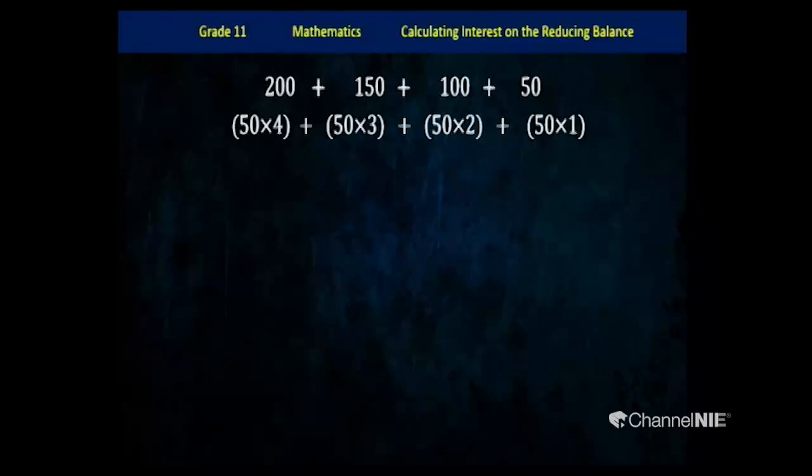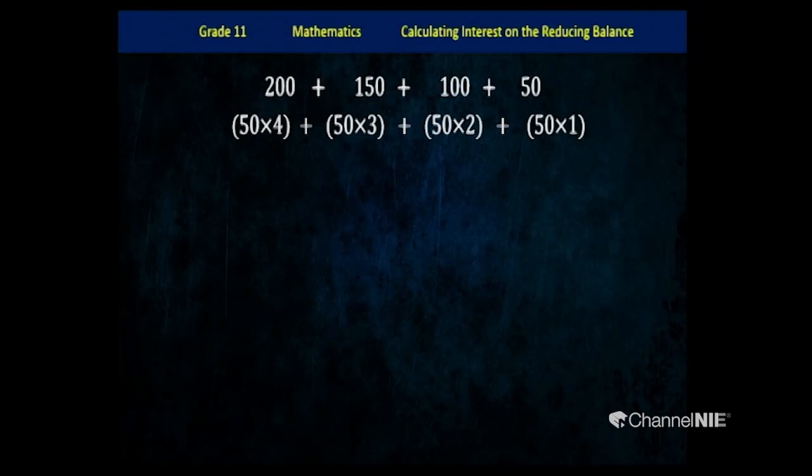Now, you can see the total of 200, 150 is analyzed like this. First, at the beginning of the month, how many 5,000s are there? 4. Therefore, for each 5,000, the interest is 50. Therefore, when there are 4 5,000s, 50 into 4. For 5,000 rupees, 50.